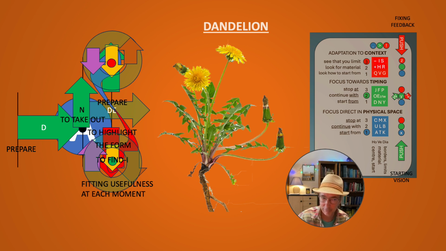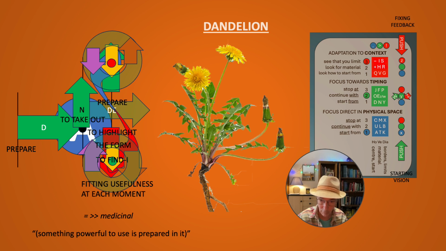What I can derive from this process is preparing to make certain things work, and also finding it and putting it into a form so that it can become useful at each moment. It very much reminds me that this is a focus upon the medicinal features of that plant. This is a useful plant.